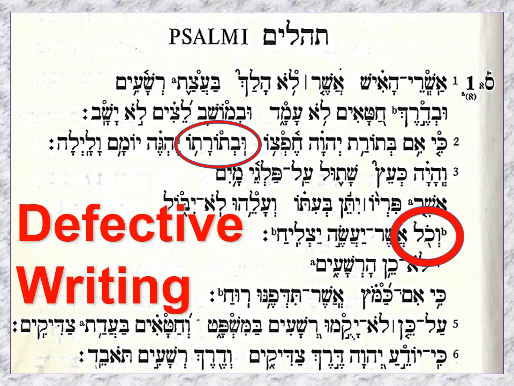But something like a word here, a wow with a vocal shewa, a kaf, no dagesh lene, just a kaf with a holum and a lamed, but in some context you might find it as a holum wow, wekhol, so defective writing.